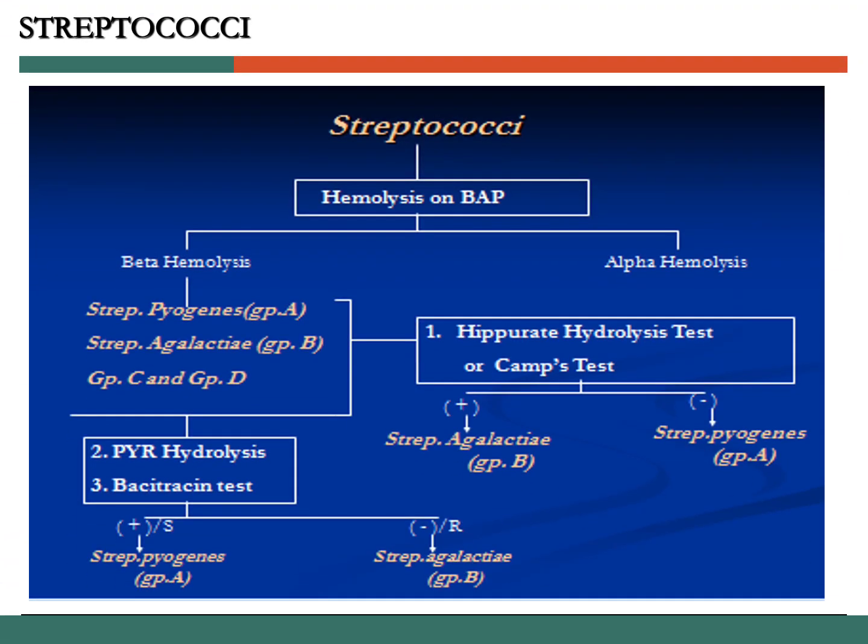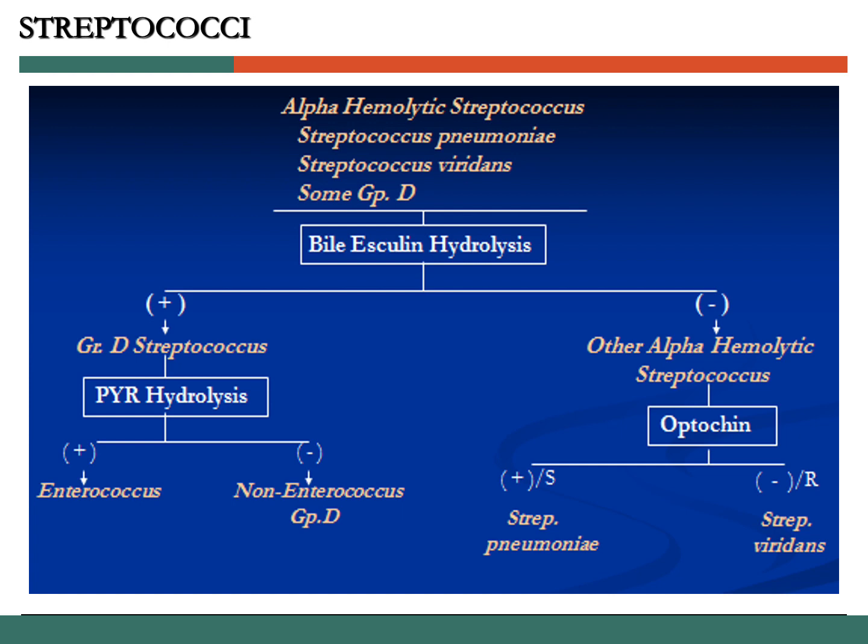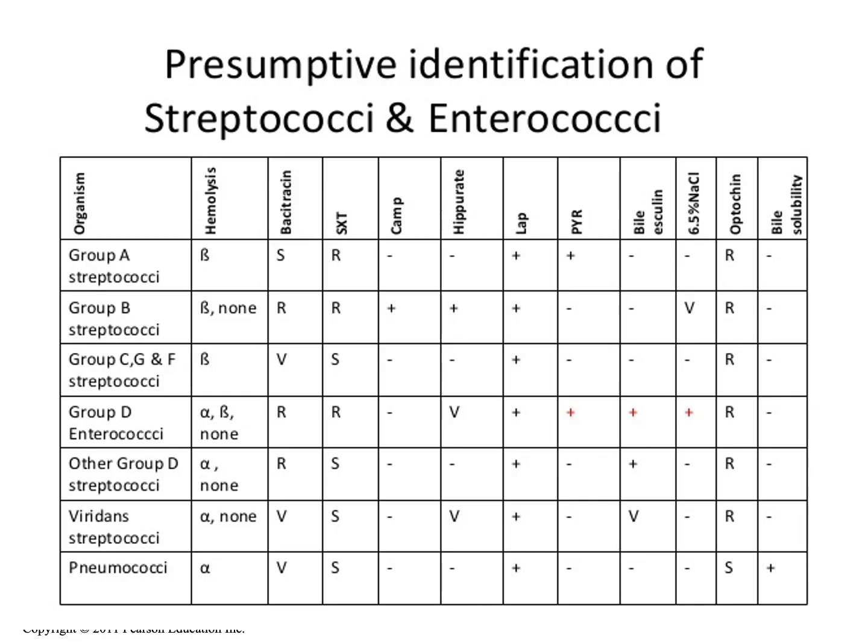Here, I want you to read this algorithm on how to distinguish individual organisms under the genus Streptococcus. Similarly, this is your alpha hemolytic Streptococcus pneumoniae and viridans group. These are the presumptive identification tables of Streptococcus and Enterococcus.